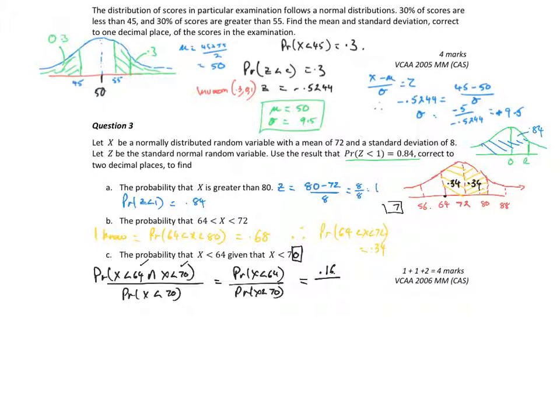X is less than, it's going to have to be 72, guys, the mean. Okay, so 72 is there, so the chance of being less than 72 is a half. And 0.16 divided by a half is doubling it, or if you like, it's 0.16 times 2 over 1, which is 0.32.